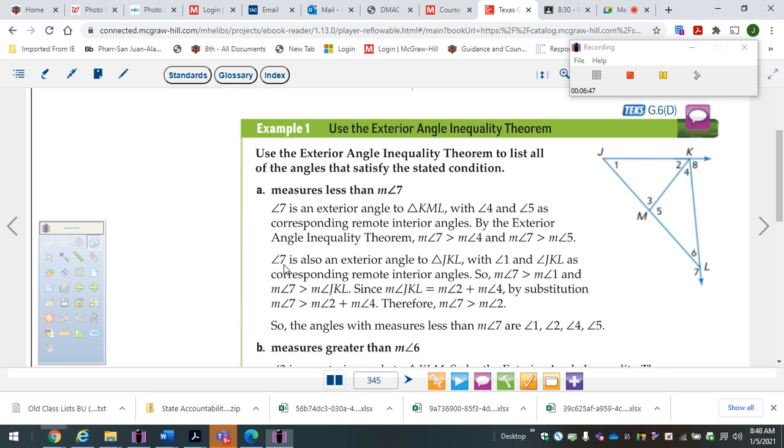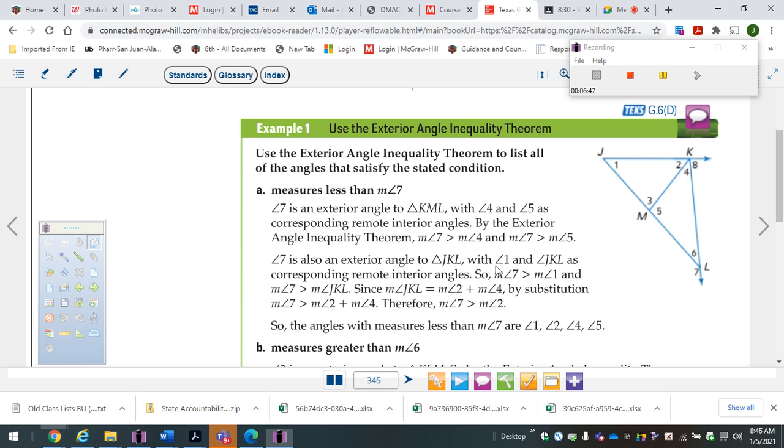Okay, now we're going to come out here. So angle 7, guys, is in that triangle right there. Let's read this one over here. This is a pretty cool idea. Angle 7 is also an exterior angle to triangle JKL.